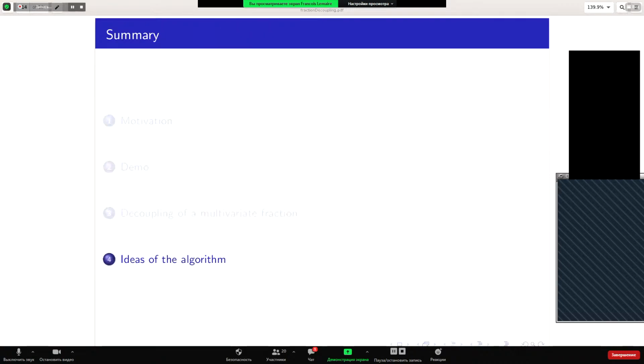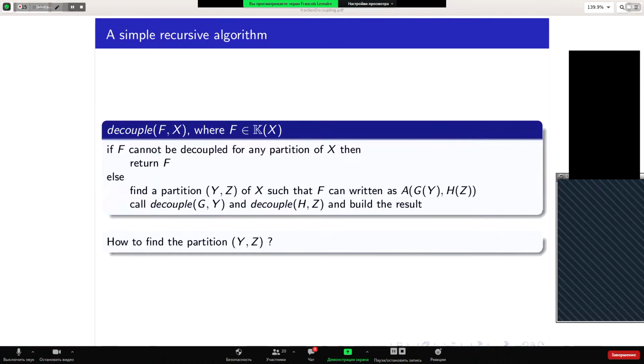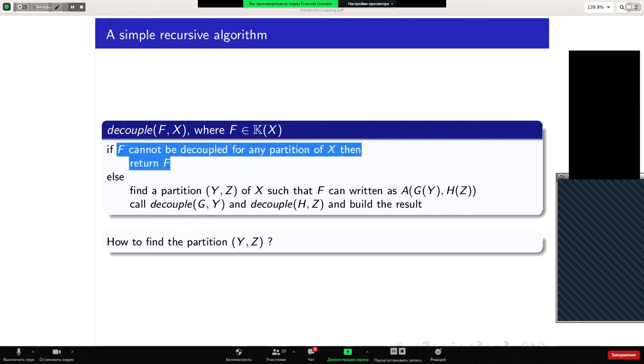Okay, so I will finish with the ideas behind the algorithm. The algorithm is quite simple. It works in the following way. To decouple a fraction f, if the fraction f cannot be decoupled, then that's finished.